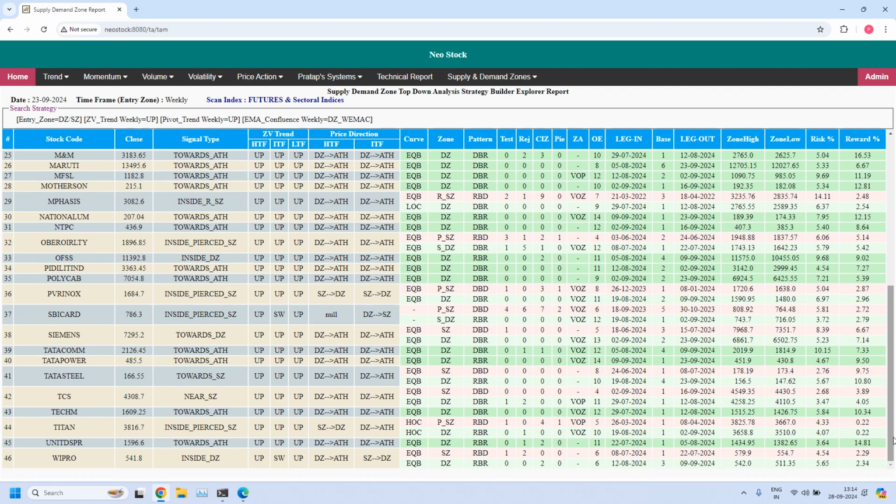So total 46. From 75, the list has come down to 46. In all these 46 stocks, the weekly zones are having weekly EMA confluence, and also the weekly trend is uptrend for both zone violation trend and also swing high-low trend.